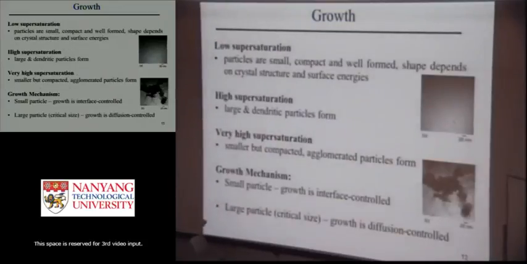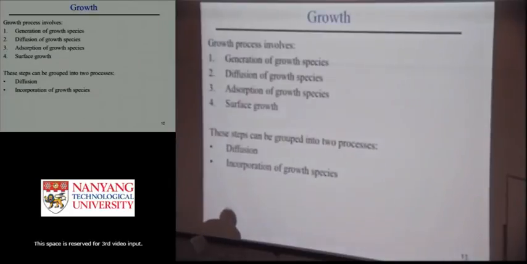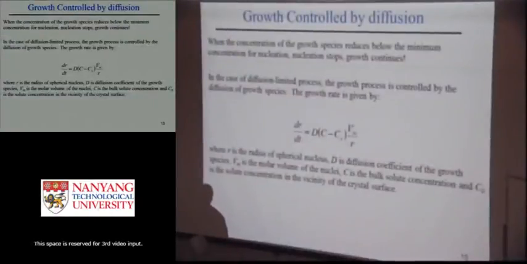For a small particle, it's interface control, because the absorption process is slow. For a large particle, it's diffusion control, because the absorption is quick and the diffusion is relatively slower. In these two cases, it's quite interesting: we find the outcome can be completely different. The uniformity of the nanoparticle can be completely different if they are controlled by different steps.